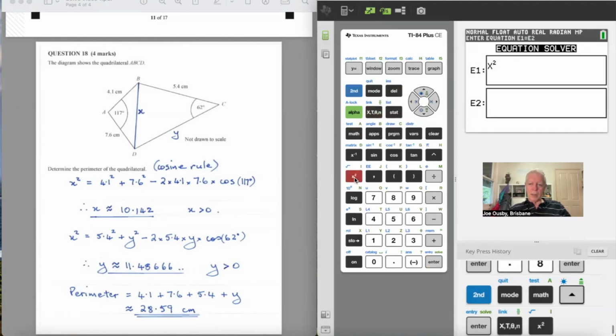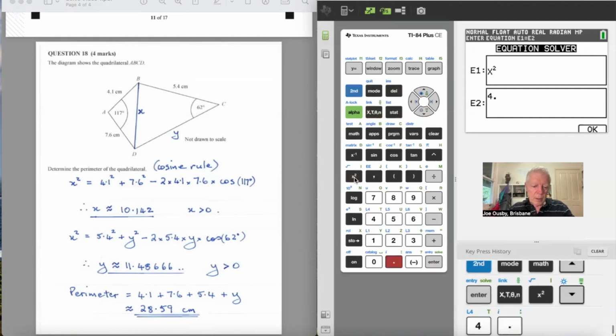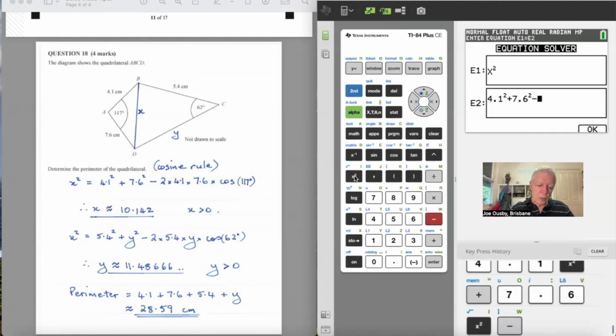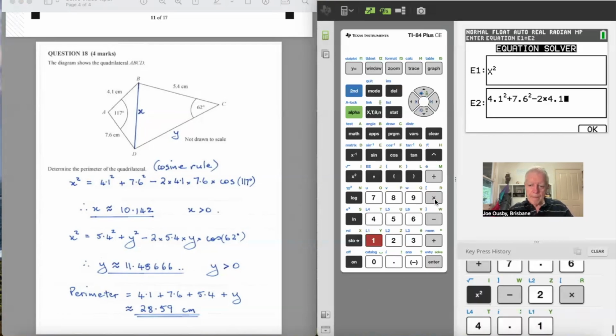So x squared is equal to 4.1 squared plus 7.6 squared minus 2 times 4.1 times 7.6 times the cosine of 117.